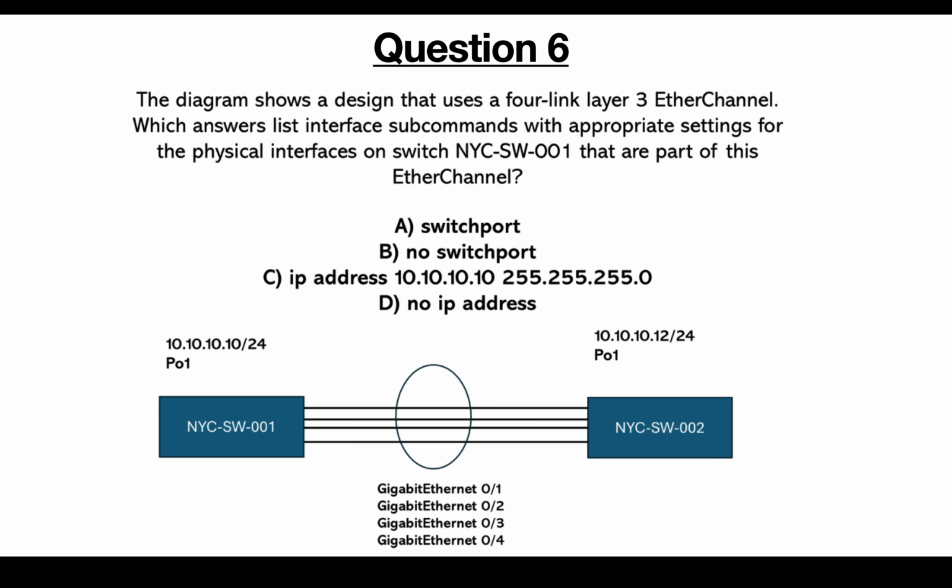So which of the 4 are listing appropriate settings for the physical interfaces? There's 2 correct answers for this question. Sorry, I've not written that. You need to select 2 of these.